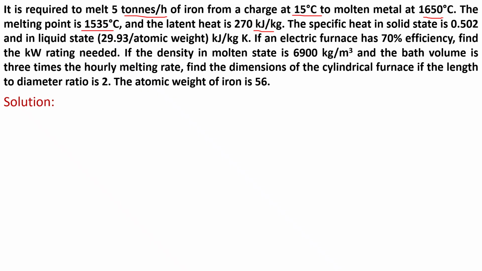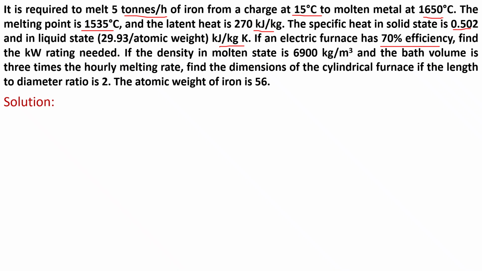Specific heat in solid state is 0.502 kilojoule per kg Kelvin, and in liquid state 29.93 divided by atomic weight kilojoule per kg Kelvin. If an electric furnace has 70% efficiency, then find the kilowatt rating needed.